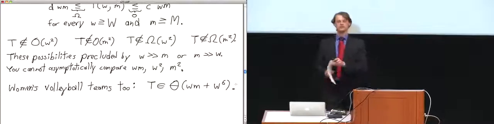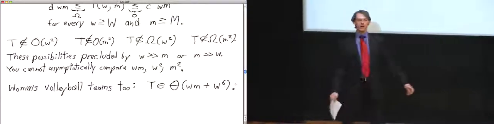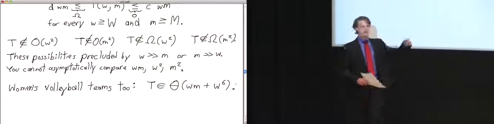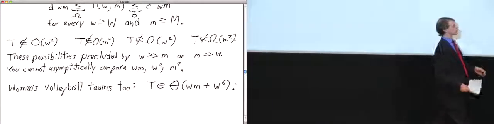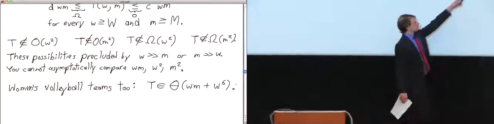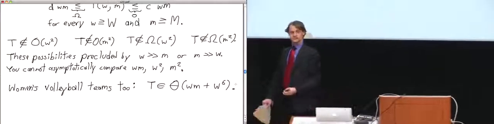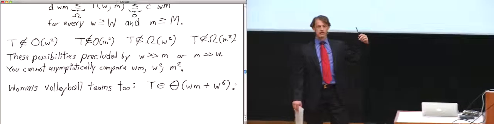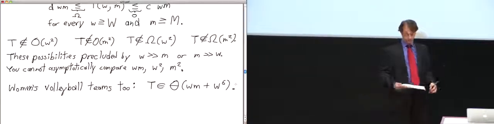Because you've got big theta of W to the 6th different women's volleyball teams you can form from a set of W women. And these two terms are not comparable. You can't eliminate one of them by saying that the other one always asymptotically dominates it, because it doesn't. Either one could be asymptotically dominant depending on how big W and M are compared to each other.